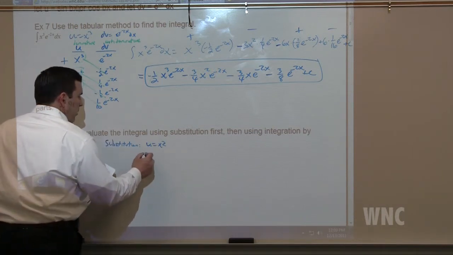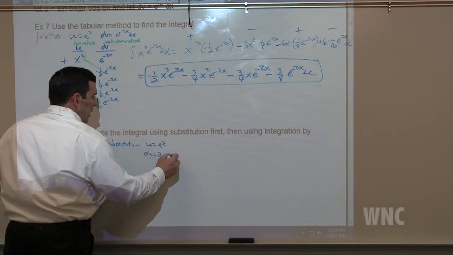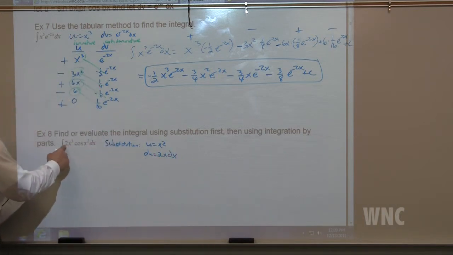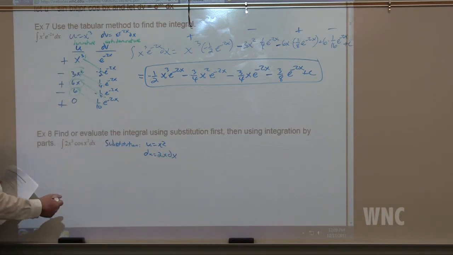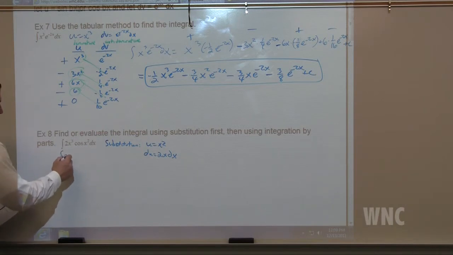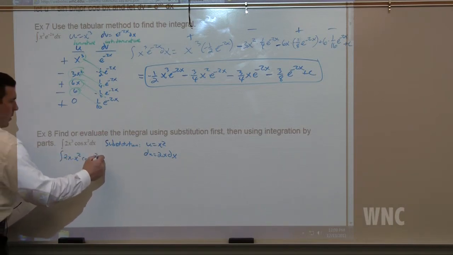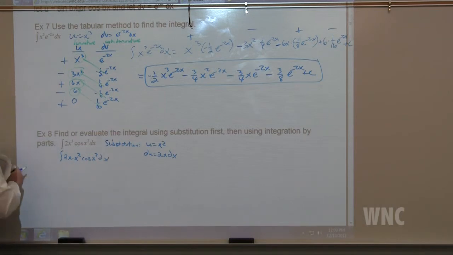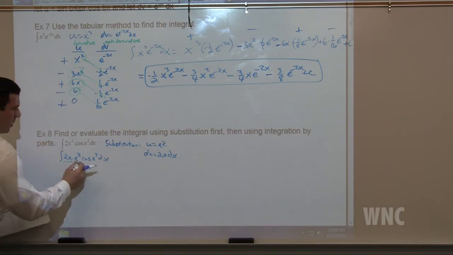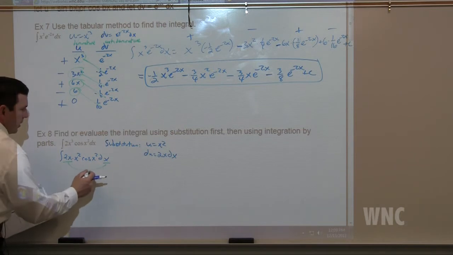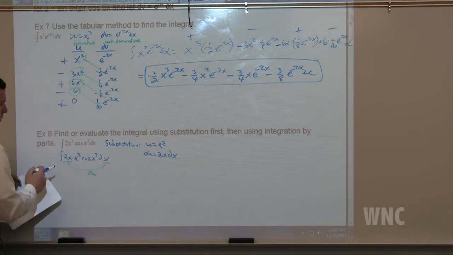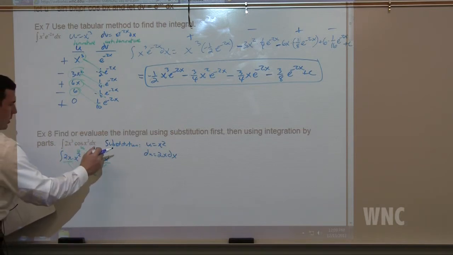So our du is going to be 2x dx, and we can get that out of here. So this could be written as 2x times x squared cosine x squared dx. So the 2x dx is part of our du, and this is u, and this is u.